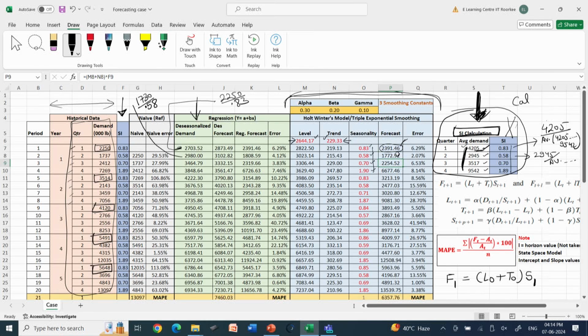That is the calculation for getting 2391. Similarly, as I go ahead, when I am calculating 1772, I am using 2822 as my base, 219 as my trend, and the initial seasonal factor which is already available with me, 0.58.